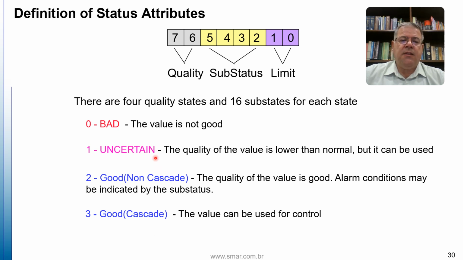There are the 4 quality statuses that we just discussed, and there are a total of 16 substatuses for every status. So for the bad status, there are 16 substatuses. They are going to inform us about what is not working well in our communication.